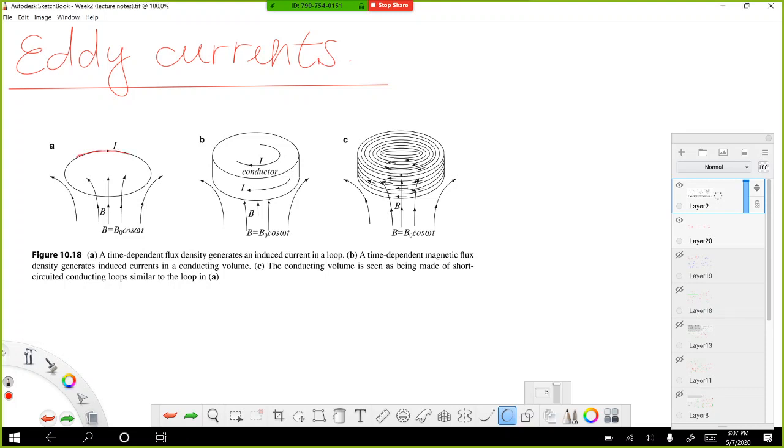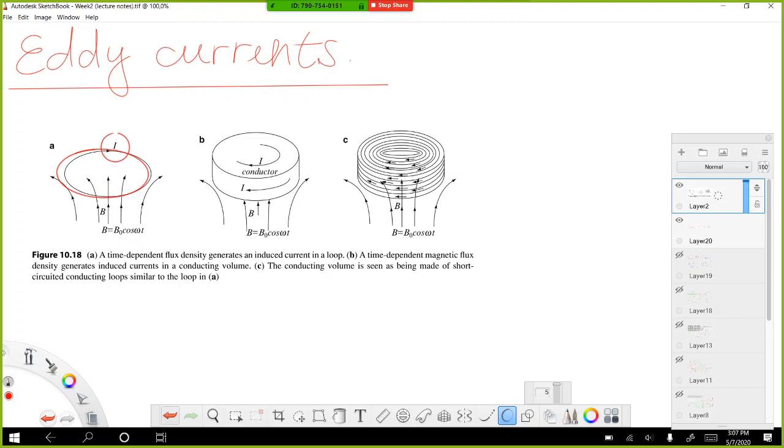We have a closed loop and we have the magnetic field crossing this closed loop, and the magnetic field is changing with time. Because of a change of this magnetic field, there occurs current I in the closed loop.